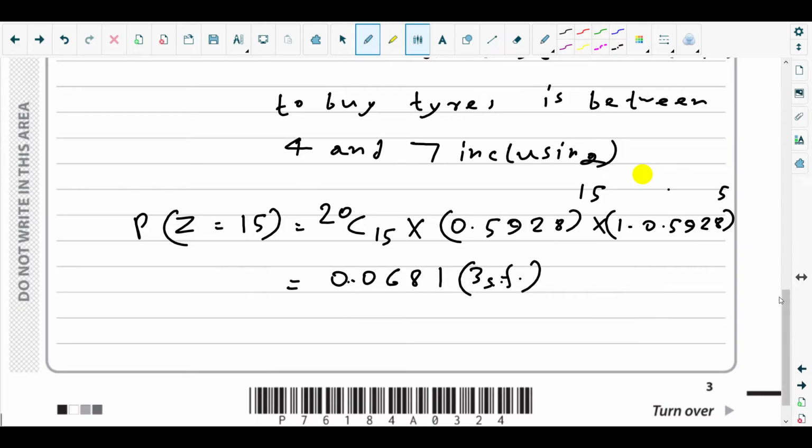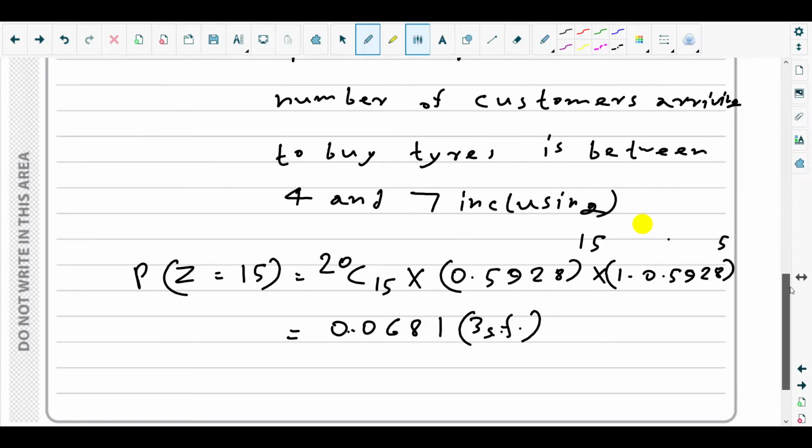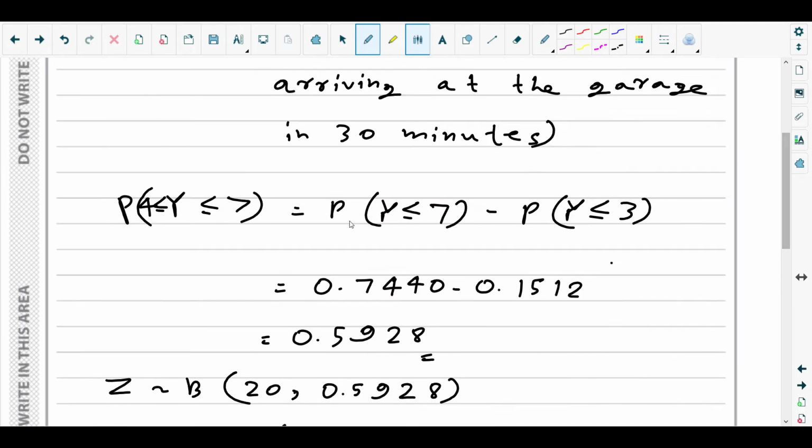That's the answer. This was binomial, then Poisson approximation, and then binomial. That's it.